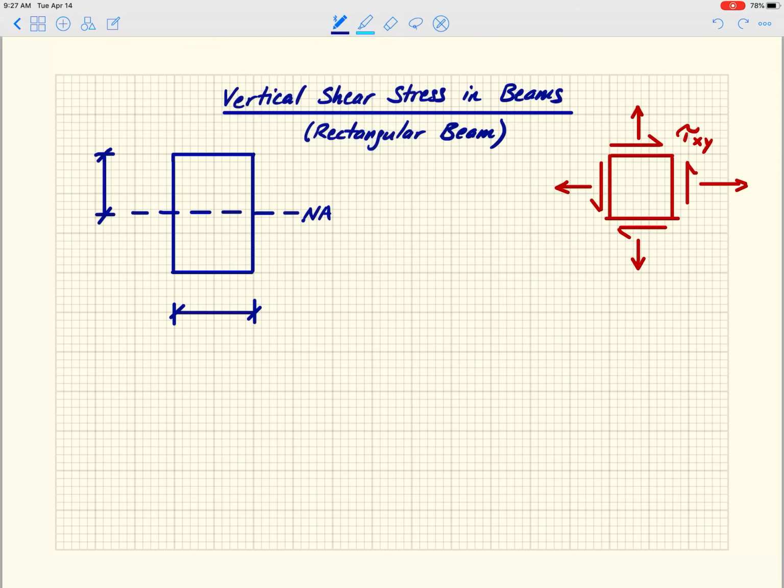So this is an example of a rectangular beam. We're going to consider the width of b. I'm going to say that c is half the height, so this is a rectangle that has a height of 2c or h. Then I'm going to make a cut here at a generic location, and dimension this.